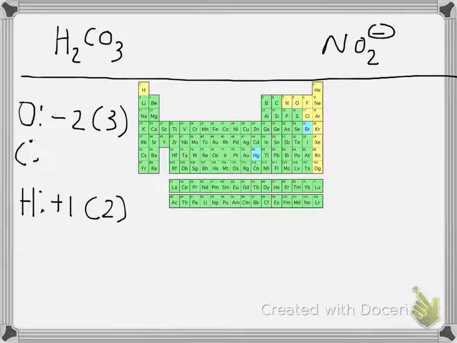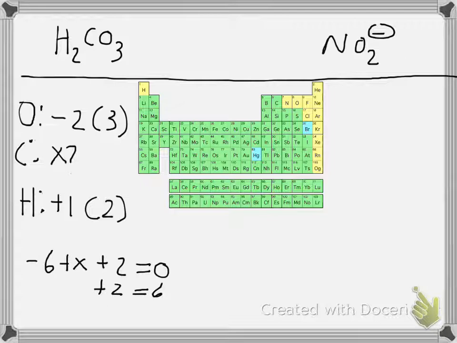So if the compound is neutral and we have a total of 6 negative charges and 2 positive charges, then we have -6 plus x, x being carbon, plus 2 is equal to 0. Well, we can do a little math. If we add 6 to that side, then we get 6 equals 2 plus x.